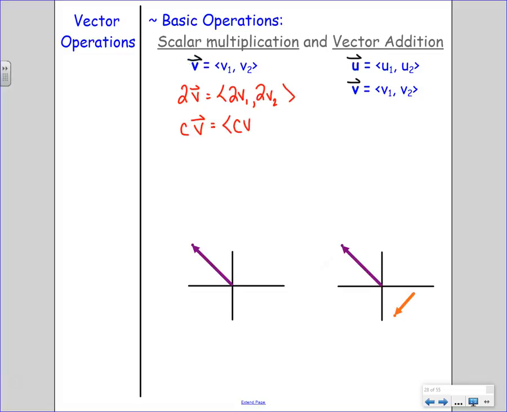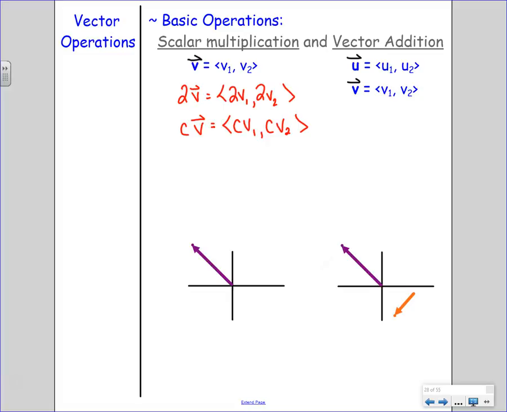So with any constant, we can just multiply the x component and the y component by whatever the constant is. Scalar multiplication, be careful saying distribution. That's not technically what we're doing, but it does end up looking like distribution.